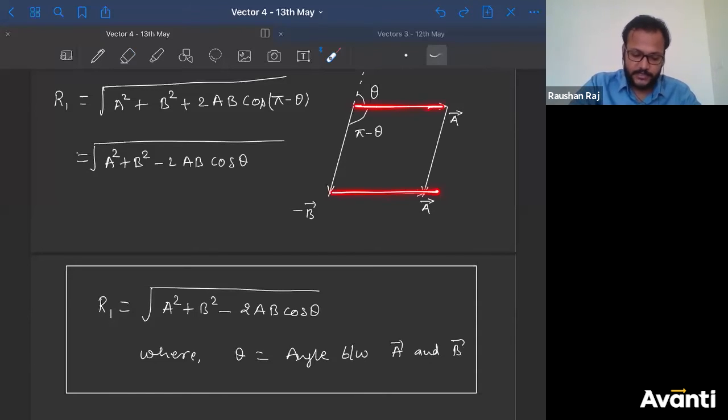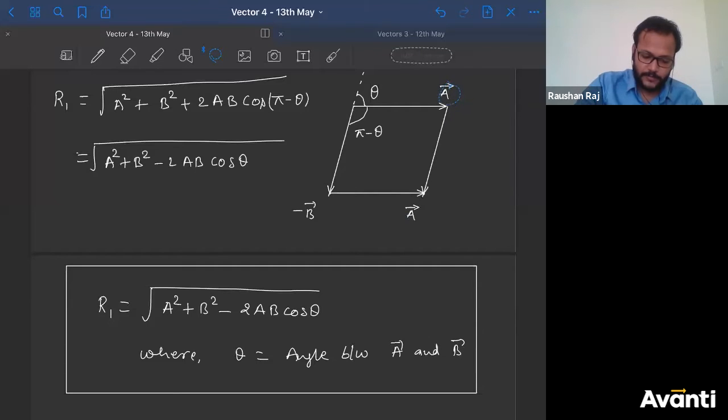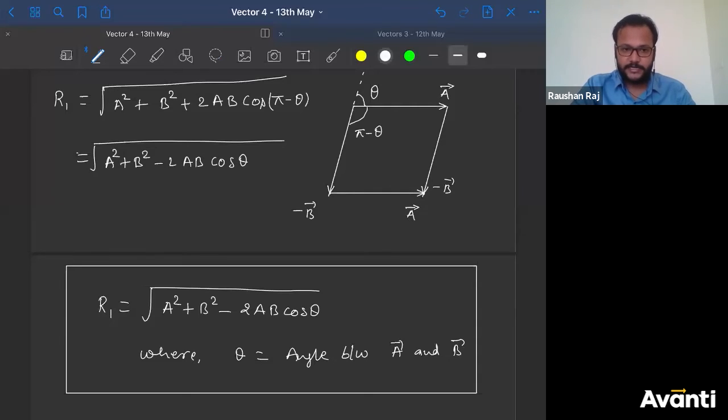This is vector A, this is vector minus B. What will be the resultant? The resultant will be this one. This is the resultant R1.